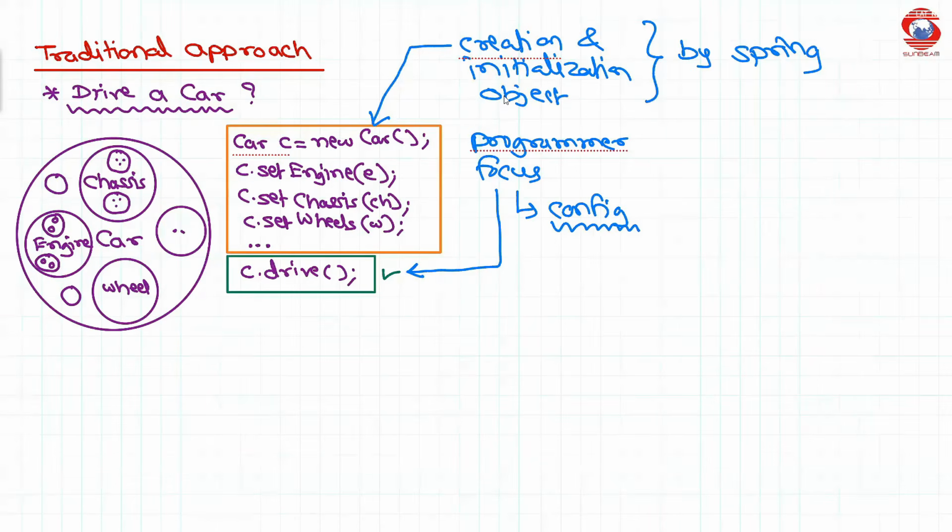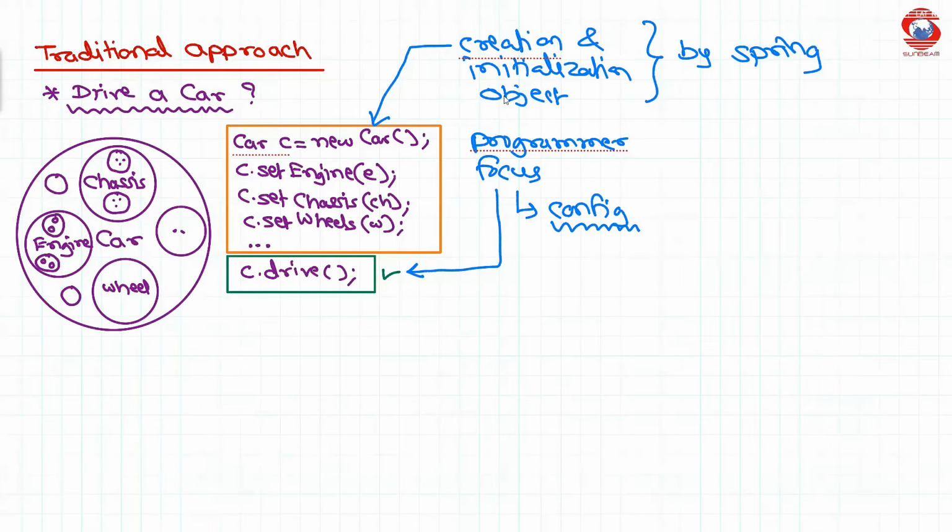If you told it to put a rickshaw engine inside this car, it will put a rickshaw engine. If you told it to put a Ferrari engine inside this car, it will put a Ferrari engine. Spring has no idea which engine to fit in the car. It says you configure, and I will create the object as per your requirement. This is something we call a modern approach, and it is done by Spring.